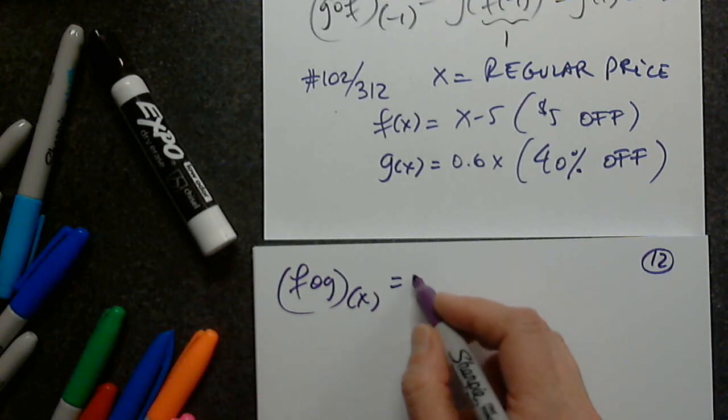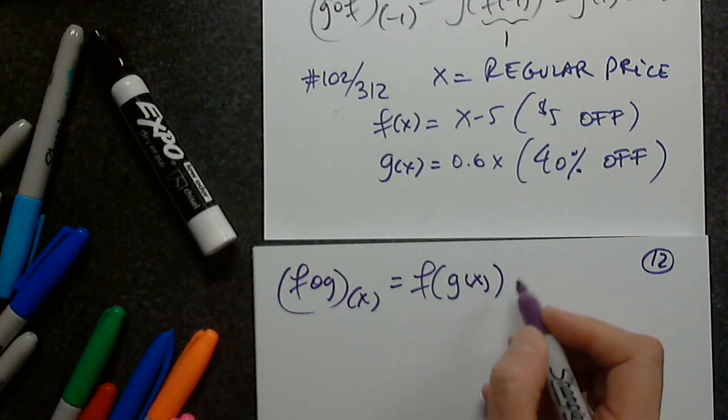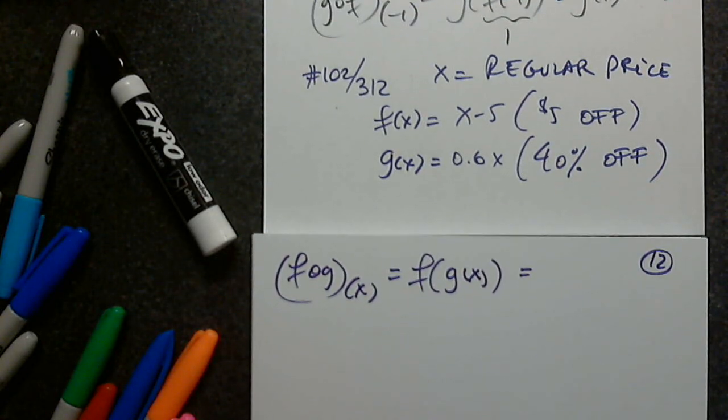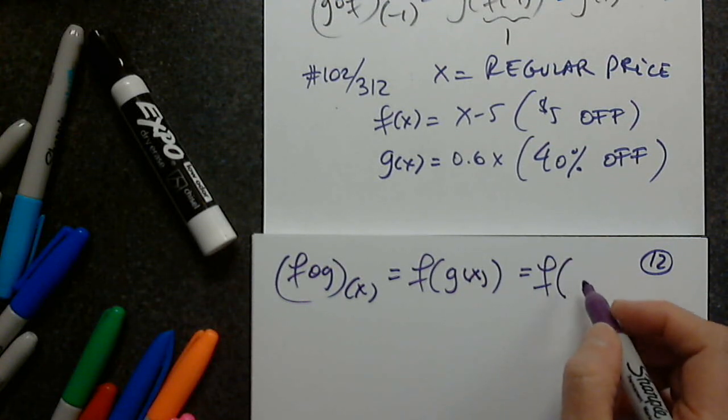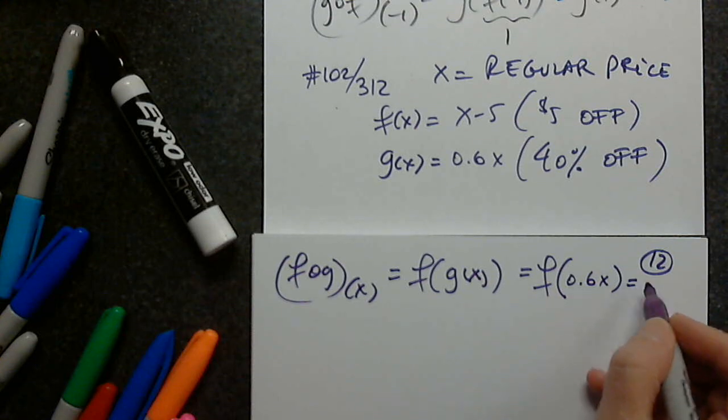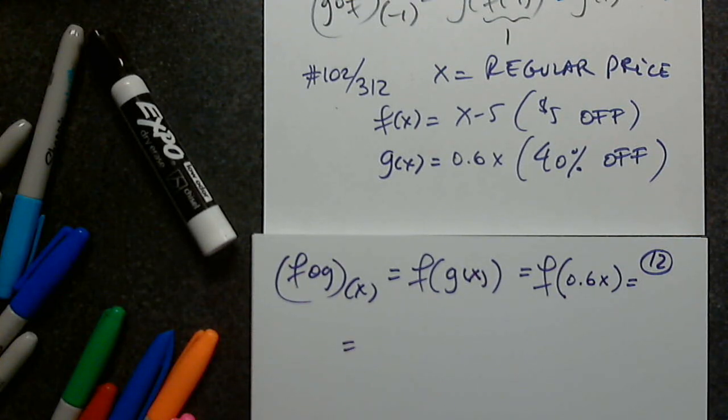I have to write the definition. I know it's a lot of writing in this section. I'm sorry about that. I have to write f of g of x, which is f of 0.6x. And I'm waiting for you to tell me what it equals to.